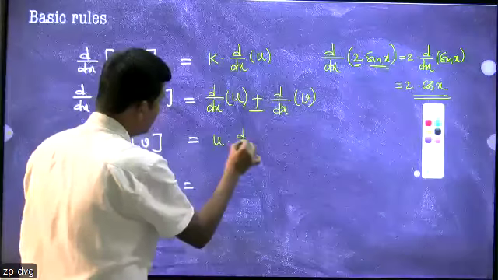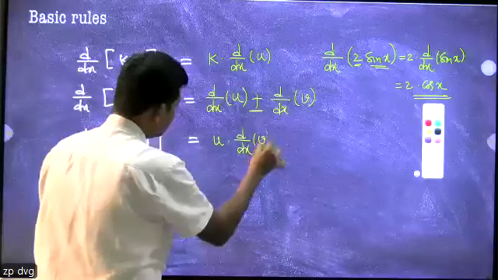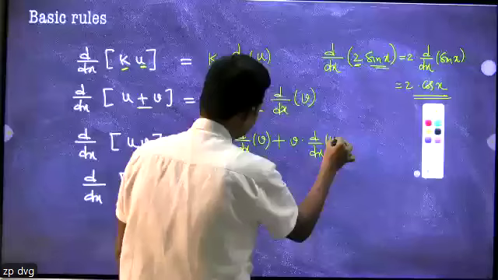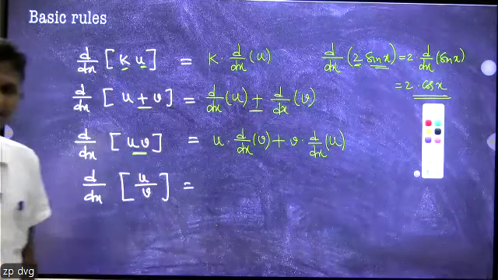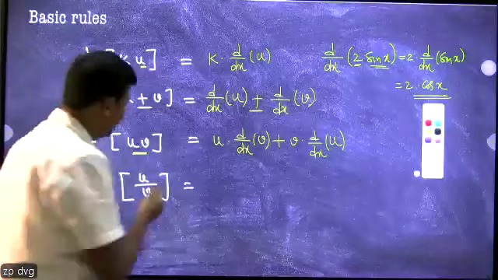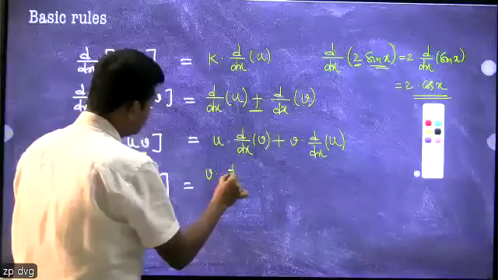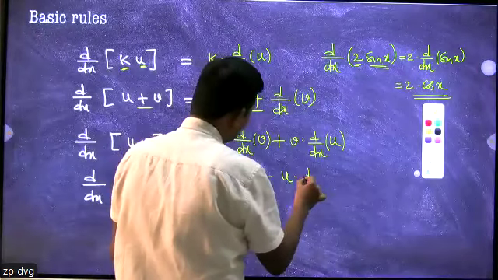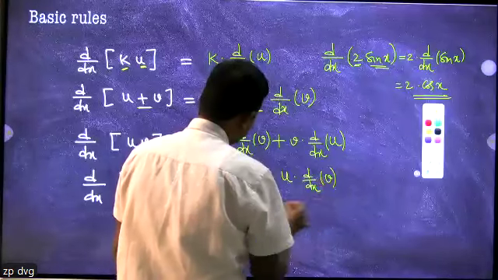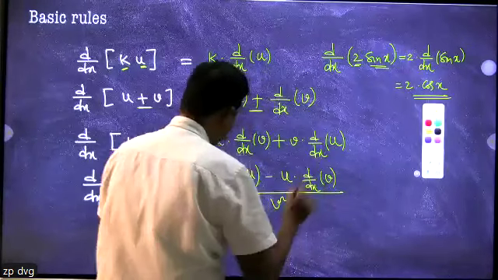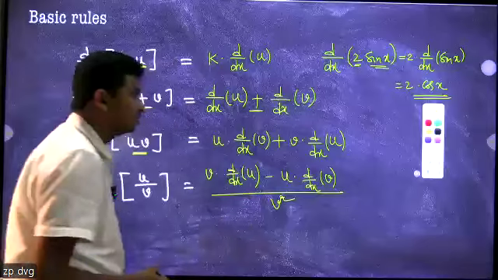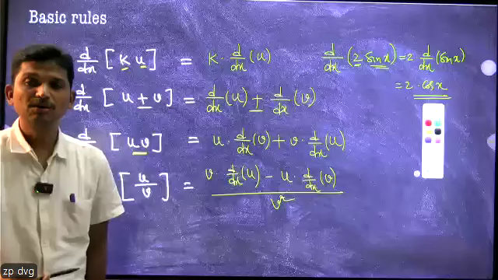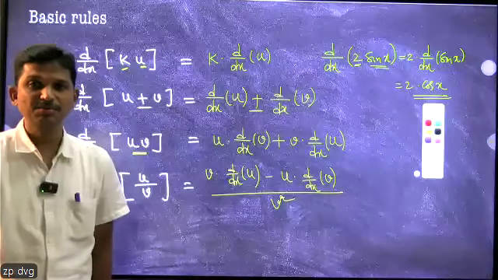U into derivative of v plus v into derivative of u. Product rule, right? You know these things, right? Quotient rule, just trying to recall quickly. V into derivative of u minus u into derivative of v divided by v square, right? This is the quotient rule. So these are the basic formulas. Whatever I have written now, you must be good in these formulas to do the problems of the differentiation chapter, right?